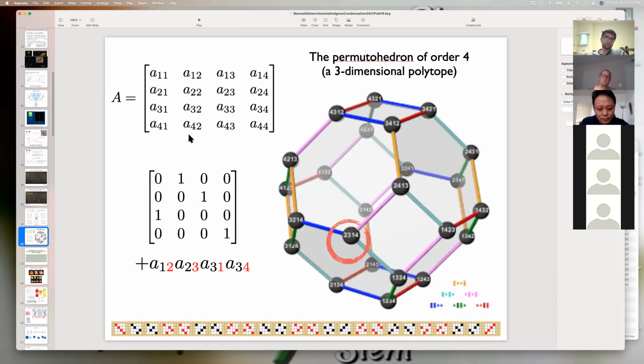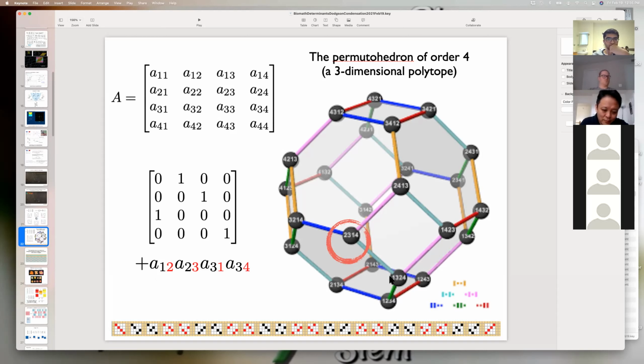So for example, how many terms is this determinant going to have? Well, it's going to be 4 factorial, because that's the number of permutations of 4 things. So 4 factorial is 24. And then this issue of whether the sign should be positive or negative: for small examples, there's a geometric object called the permutahedron that you can walk along.